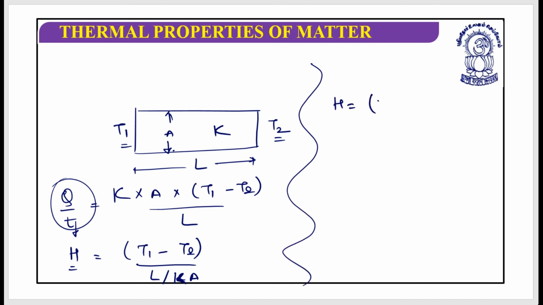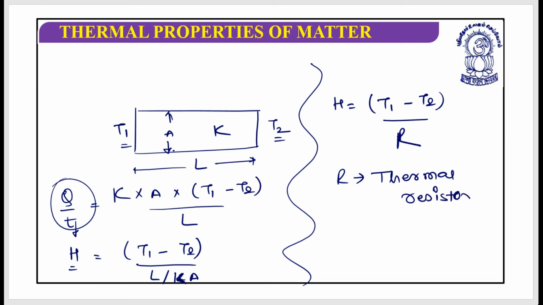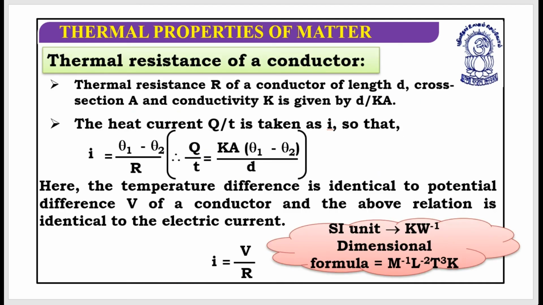This could be written as H equals T1 minus T2 divided by R, where R is the thermal resistance. Yes, so we can write something like this for the thermal resistance.